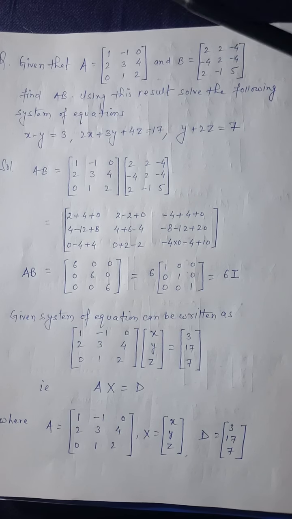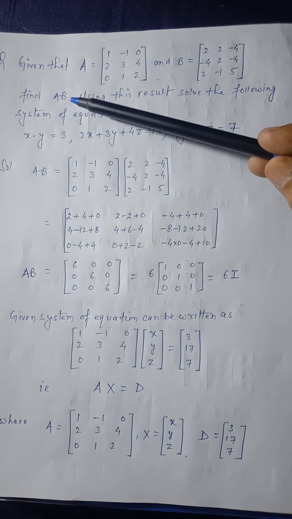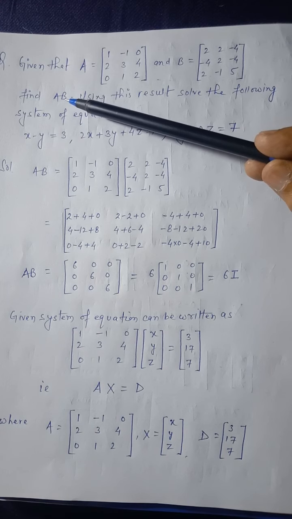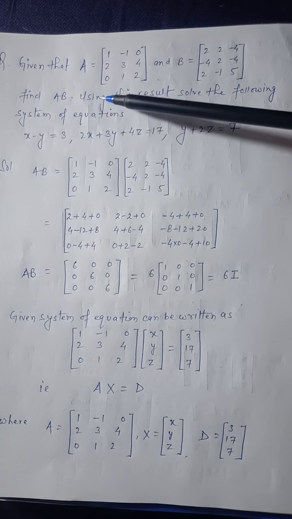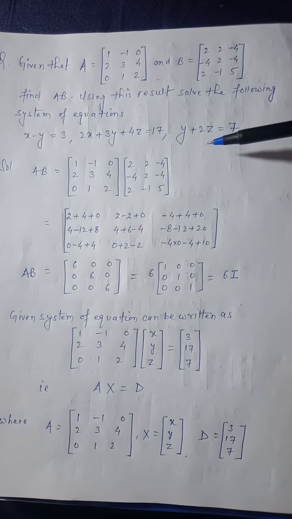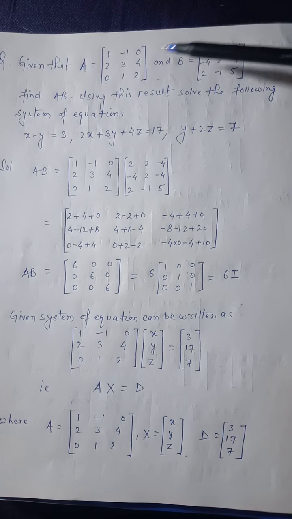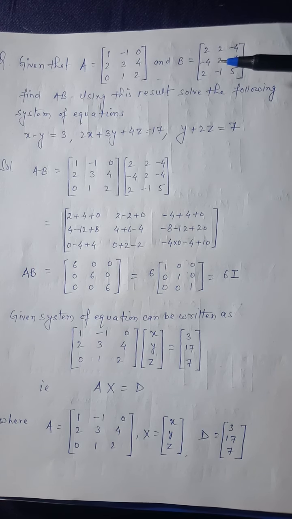And remember, we have to use this result: whatever we get as AB, we have to use it to solve this equation. You must note that in this problem we will not find the adjoint matrix because it is a very lengthy process. The purpose of giving these two matrices is to avoid the calculation of the adjoint.